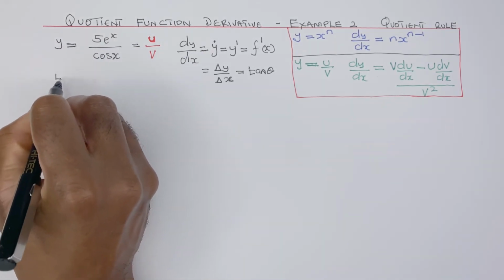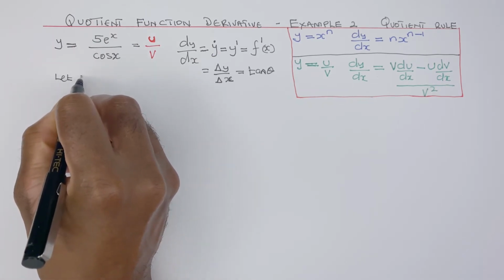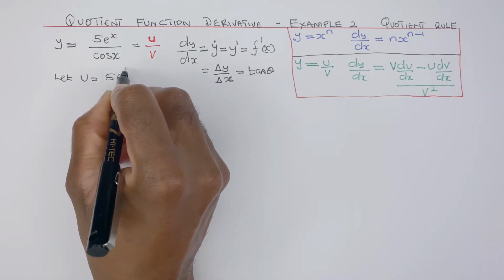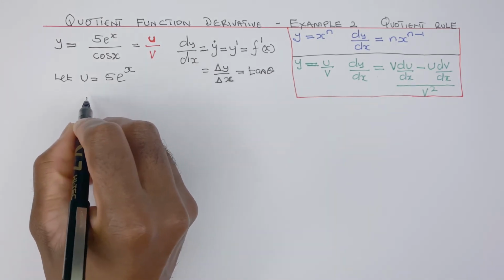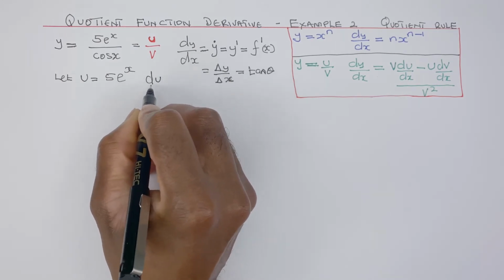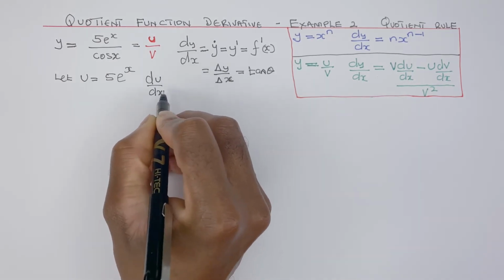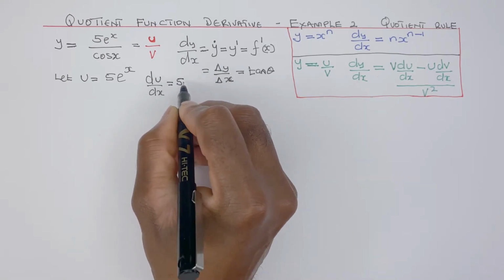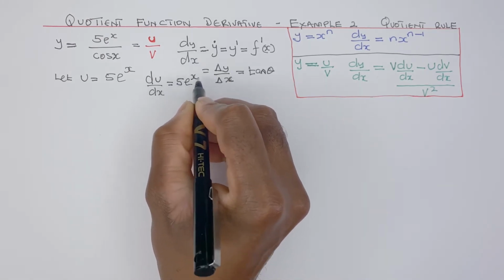So we say let u equal 5e to the power of x, and therefore du/dx is going to be 5e to the power of x. Same thing.